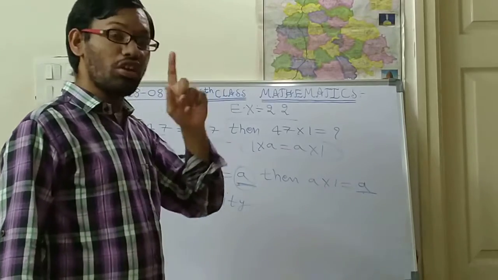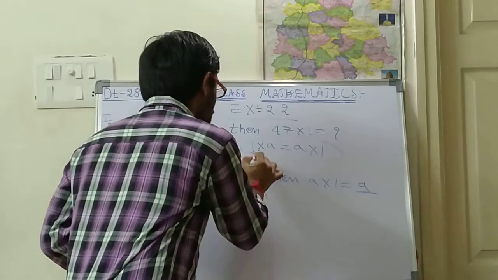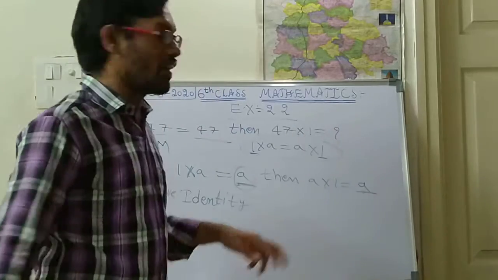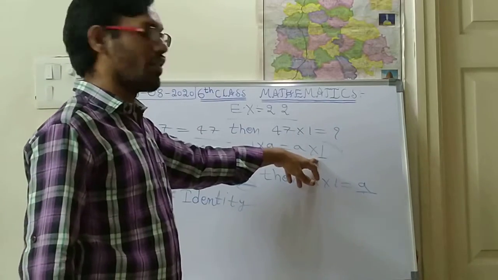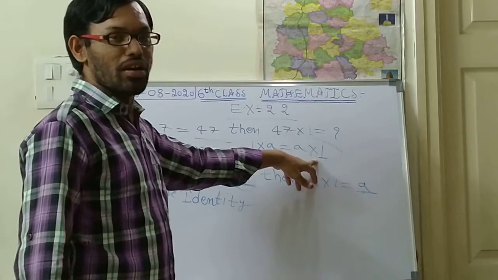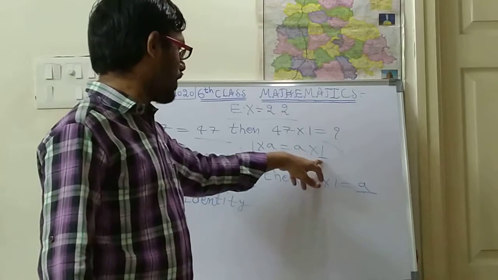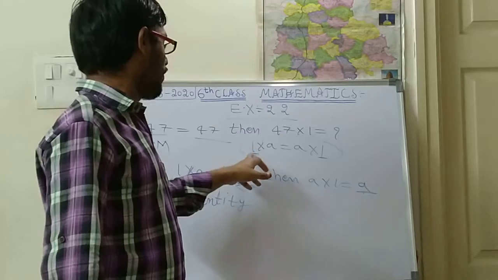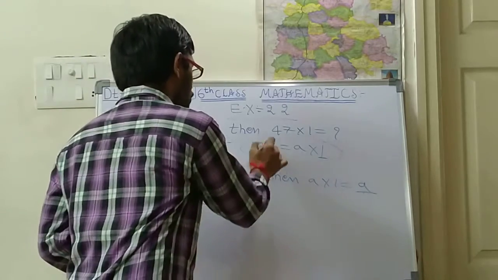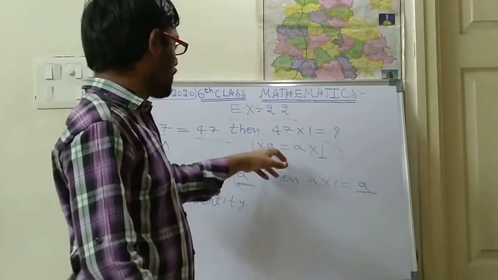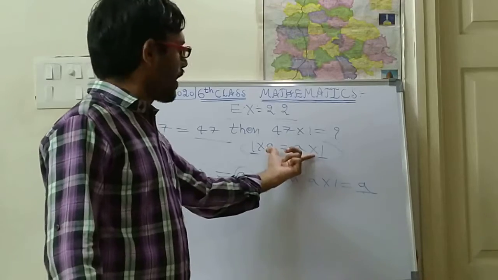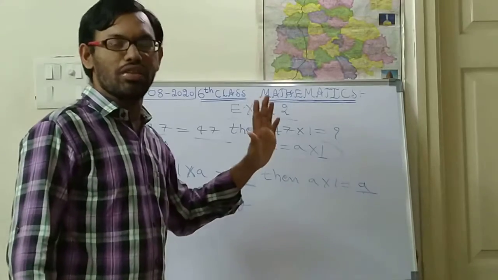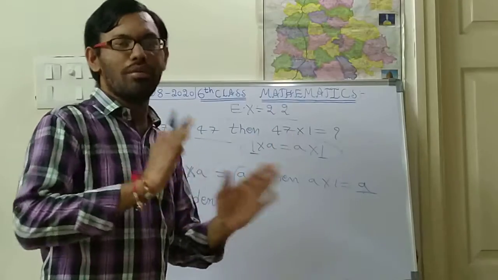You have to observe that there is a 1 in one of the numbers. As one of the factors is 1, and if you do the multiplication, the same result comes.